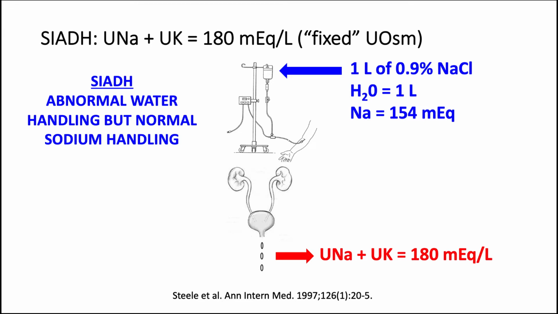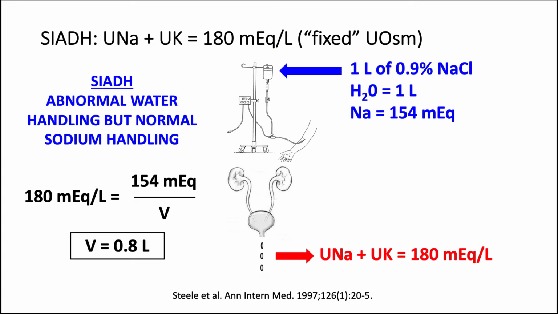So in order to calculate in what volume of urine or water this patient will excrete the 154 milliequivalents of sodium at a concentration of 180, we'll do a simple math. We know that concentration, 180, is equal to mass. The mass of sodium to excrete is 154 divided by the volume. And if you solve that equation, you get that the volume is 0.8 liters. But remember, I gave this patient a liter of normal saline.